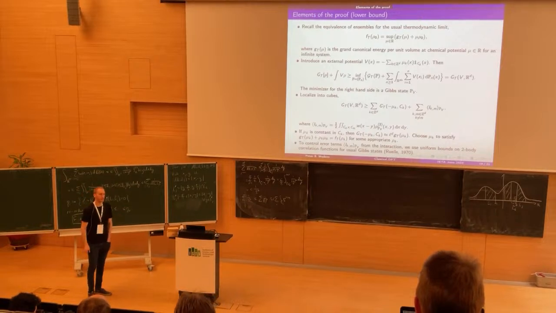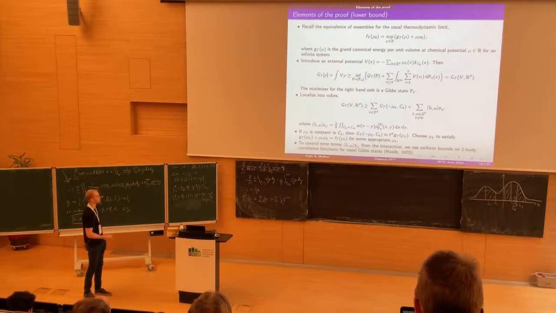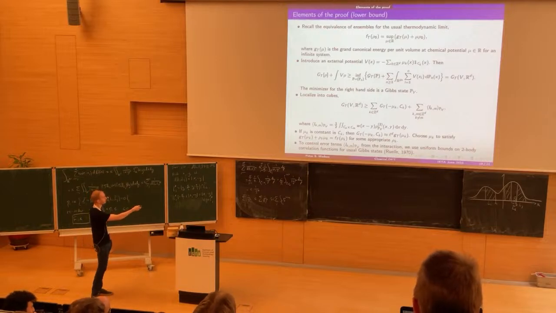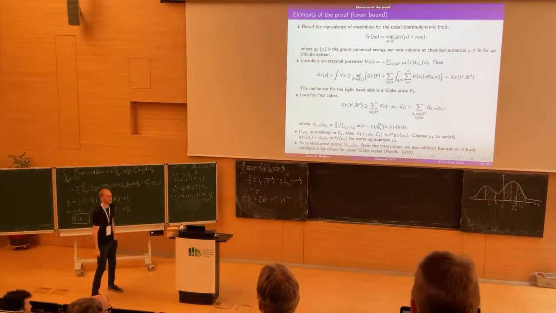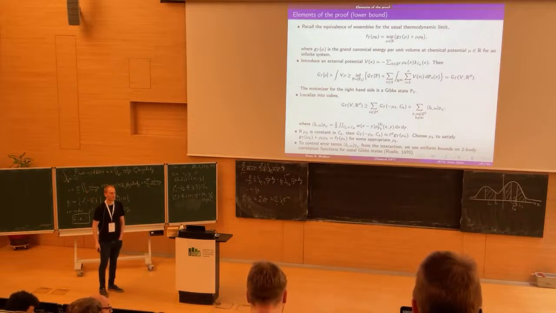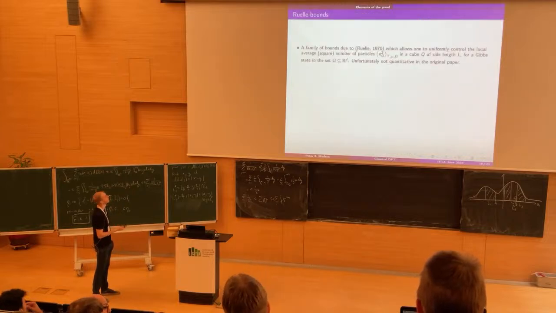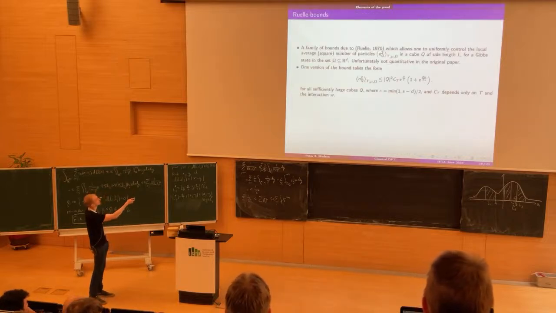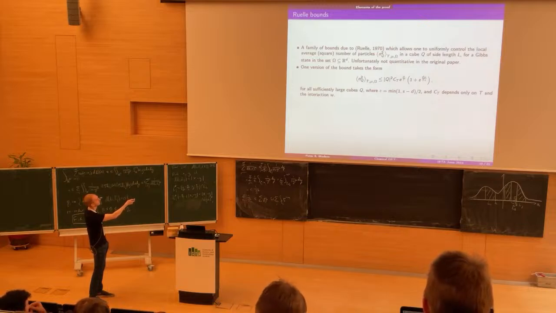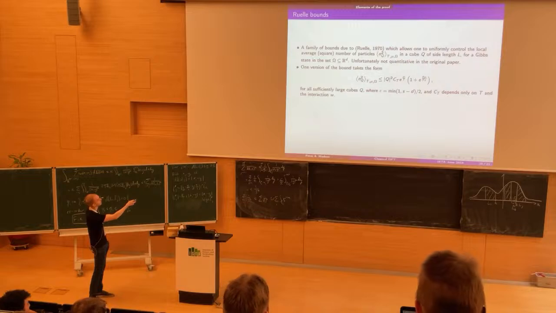is the contribution from the interaction energy. And this is where we lose most of our precision. We only know one tool for doing this, which is uniform bounds on the correlation functions for usual Gibbs states. And this is a very messy affair. So it's a family of bounds for Gibbs states in a cube.